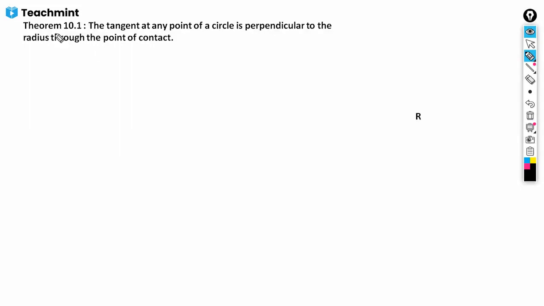Theorem 10.1: The tangent at any point on a circle is perpendicular to the radius through the point of contact. This statement has already been discussed.